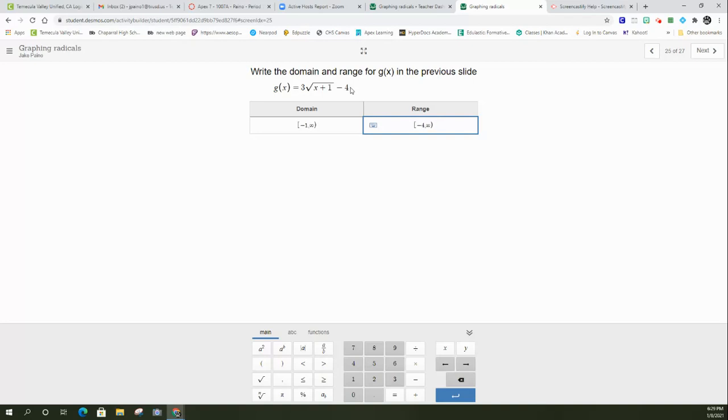And there you go. So again, the domain and the range are really tied into that critical point. The domain is going to start at h, or end at h, and then the range, same thing, is going to start or end at k.